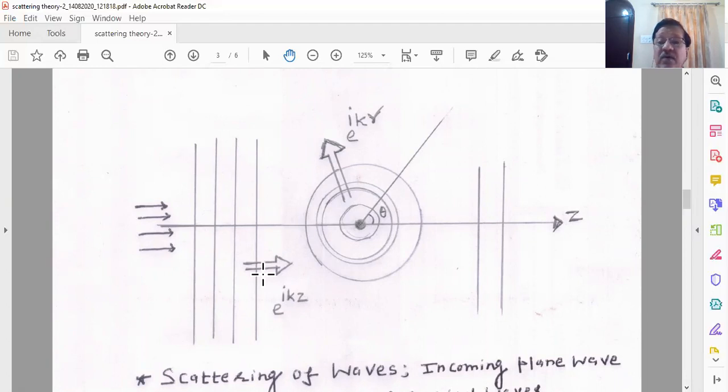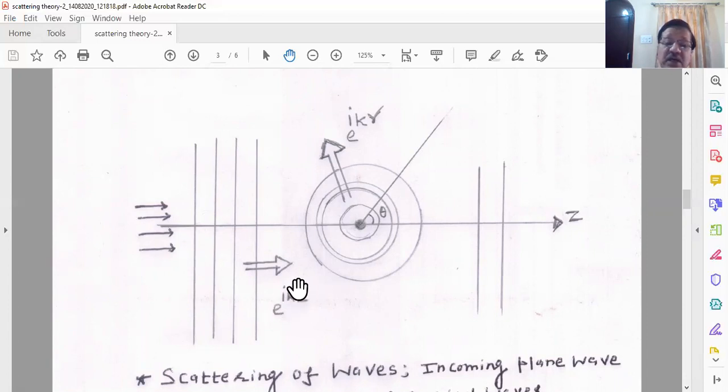Our plane wave in this case is propagating along the z direction, so we can write the expression of the plane wave as e to the power of ikz, because the vector k is in the direction of z, so theta is equal to 0.